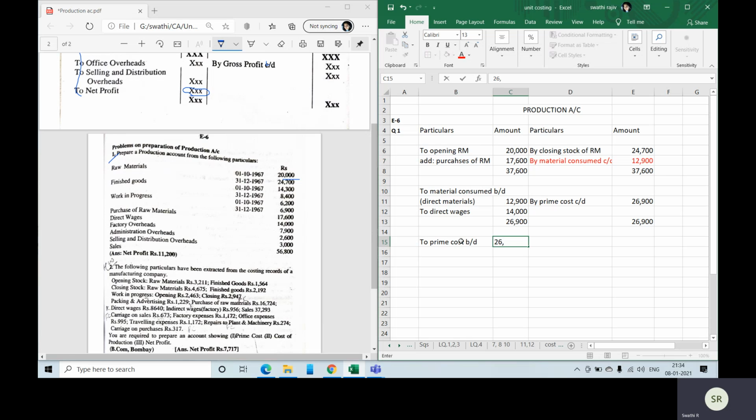Amount is 26,900. Now this is the part where we find out, we add indirect expenditure, indirect factory overhead expenditure. We will just add indirect factory expenditure here, check for it. So you have two factory overheads.